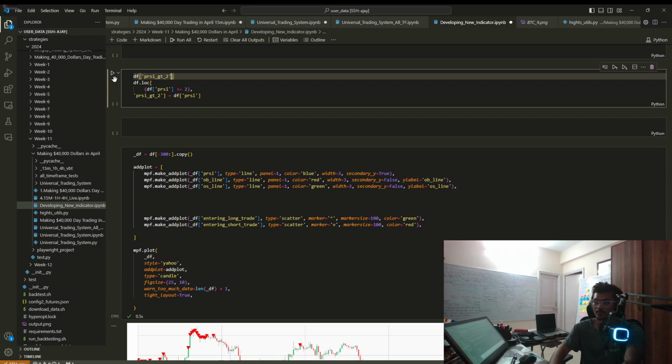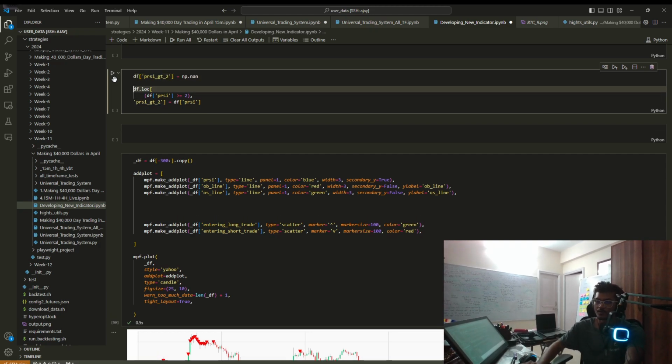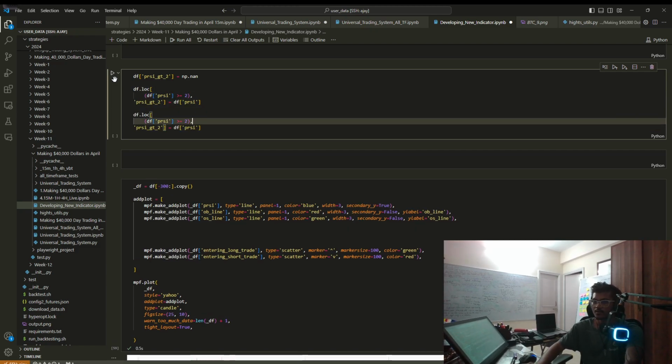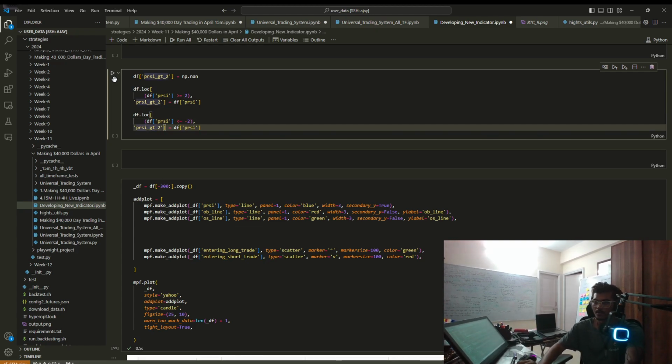Now another one is when it's less than or equal to -2, then we get the less than -2.